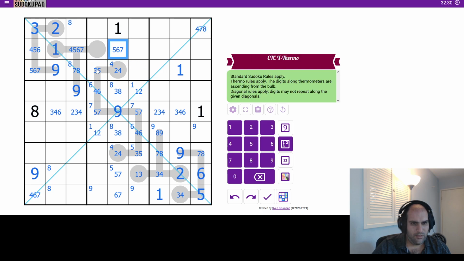Can I say the same about these two squares? No, I don't think so. 5's here, it's there. Maybe I can say that 5 was in one of these two now.